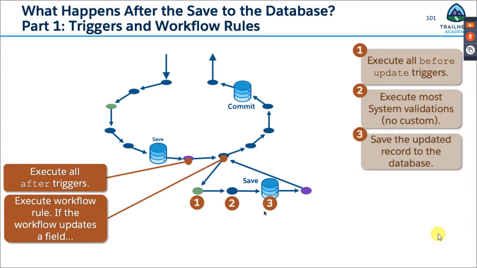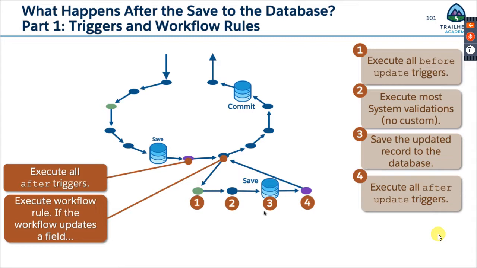You're going to save the record, and then you're going to execute the after update trigger. So although it is true that you run your before here and your after here, you run a before which runs at a later time than the after. So the after runs before the after, which runs after the before... Yeah, make sense?